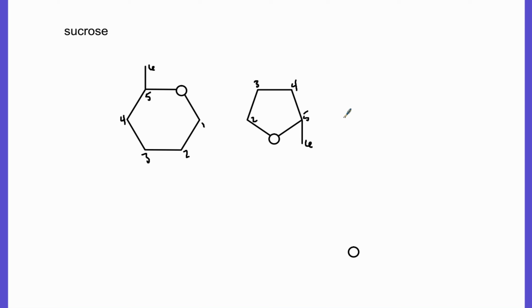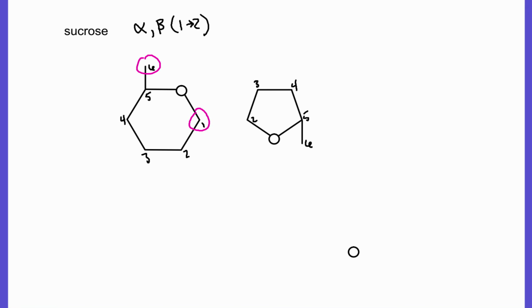So sucrose has an alpha beta 1 to 2 glycosidic bond. So again, I'm just looking at the anomeric carbon for this first one. And again, it says alpha. So I should look at this carbon here that's up, and alpha means opposite of that carbon.